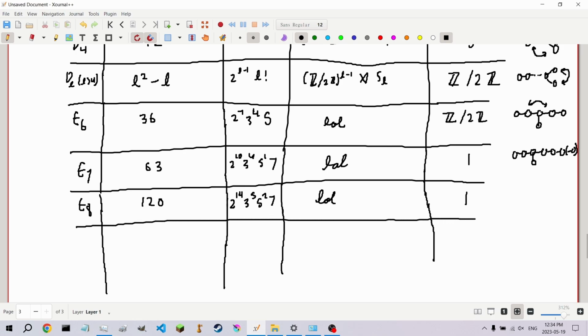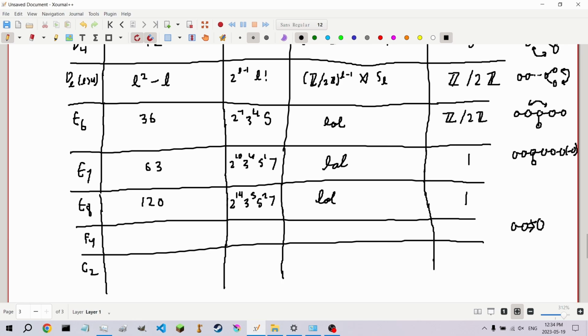And then we have F4 and G2. F4 is like this with an asymmetry in the middle, and G2 is just the whole big mess. So neither of these are going to have any diagram automorphisms. F4 has 24 positive roots and 2 to the 7 times 3 squared elements in its Weyl group. And G2 has 6 positive roots.